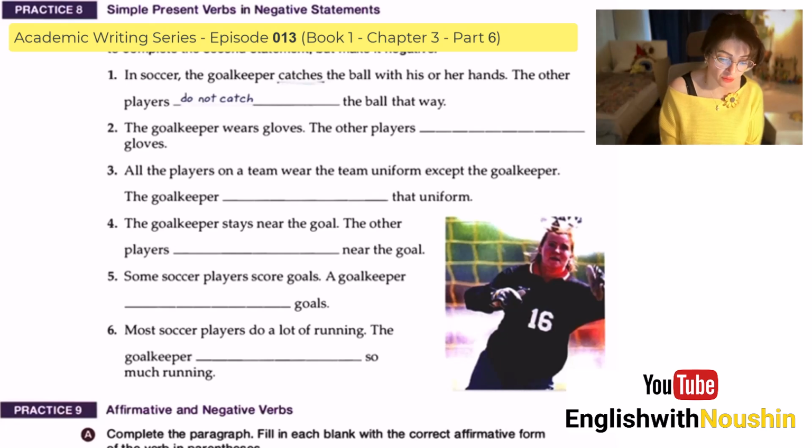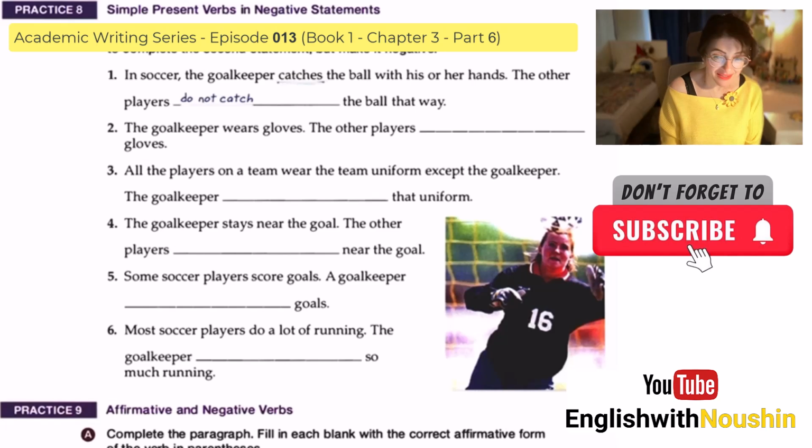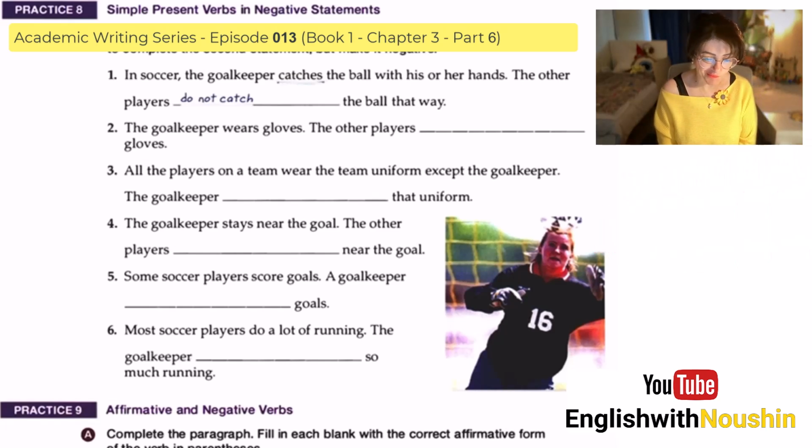Out of that, what are you going to underline? Yes, the simple present verb in the first sentence. And then what are you going to do for the second one? Yeah, so you use the same verb, but make it negative. Don't change the verb. Remember, it's the same verb, but you make it negative.